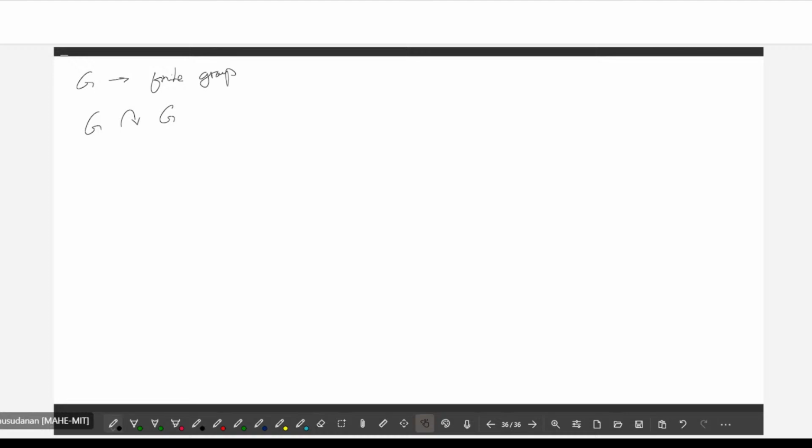Consider the action of G on itself by conjugation. Is that an action? Easily verify that it's an action.